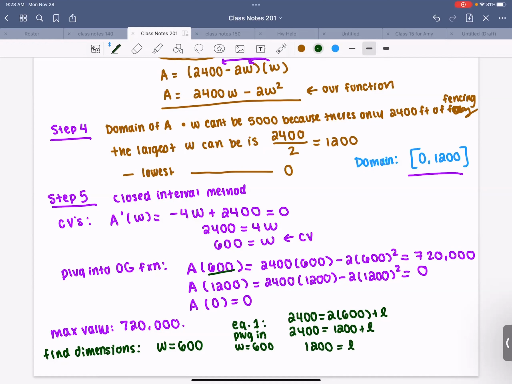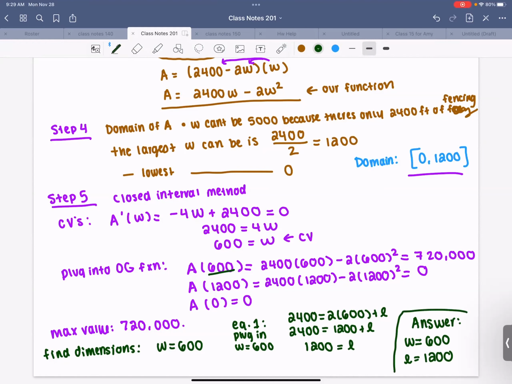So I got my L is 1200. The answer to this question is the dimensions of my L and W. So my answer is really when W is 600 and L is 1200. Okay, so that's my final answer here.